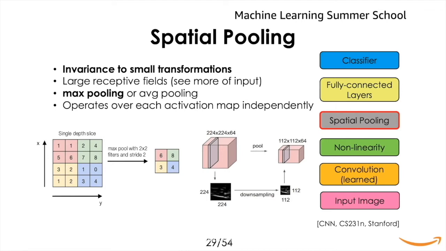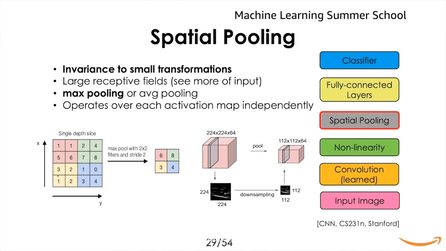Now let's look at the max pool filter. You're going to first look at the first 4 pixels, since the max pool has a size of 2 cross 2, and you're going to pick the maximum value among these 4 pixels. In this case, it's 6, and that's going to be the output. Now you move with the stride of 2, you reach these 4 pixels, pick the maximum value, 8.